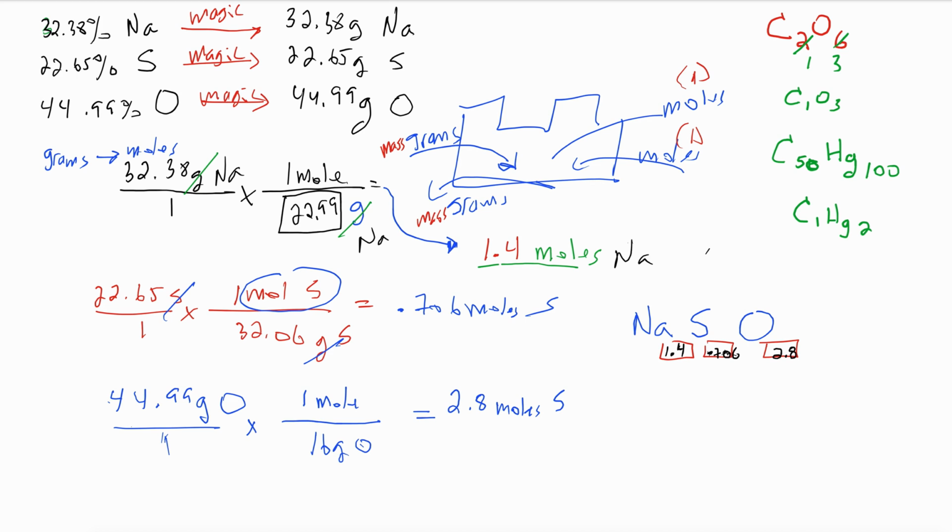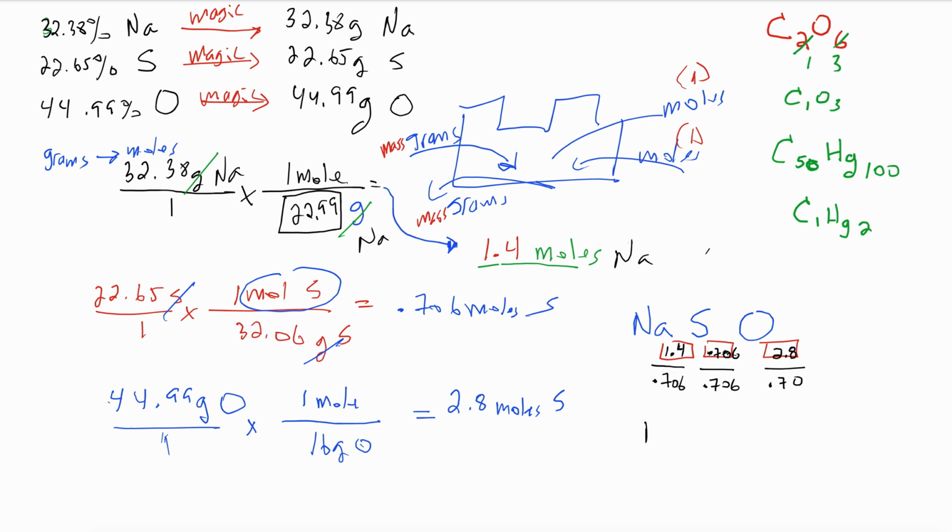So what you do is you divide by the lowest number. You divide all of them by the lowest number. Which one of these is the smallest number? 0.706. So you divide this one by 0.706, this one by 0.706, and this one by 0.706.